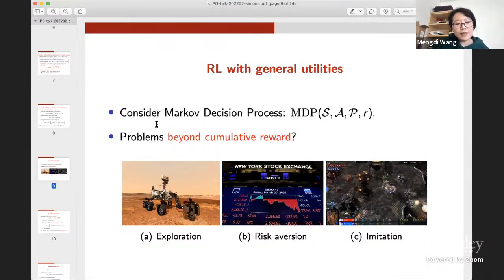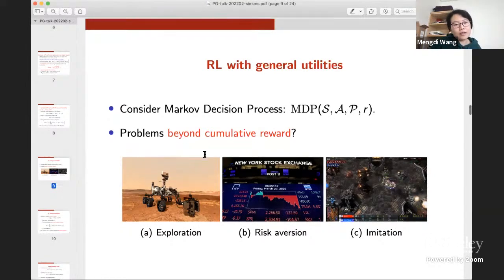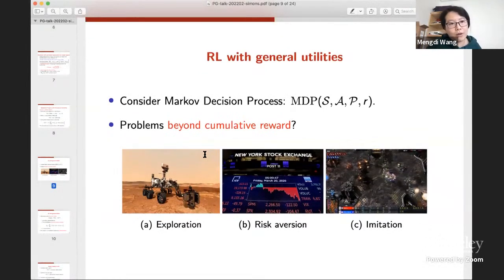Secondly, we might be dealing with safety-concerned and risk-averse applications. We know that expectations and sums are risk neutral, but what if we care about a more general coherent risk function? And thirdly, sometimes we want to do imitation learning. We might have some known data set, either some existing players' experience, or some summary statistics or marginal state distribution observations about other players.